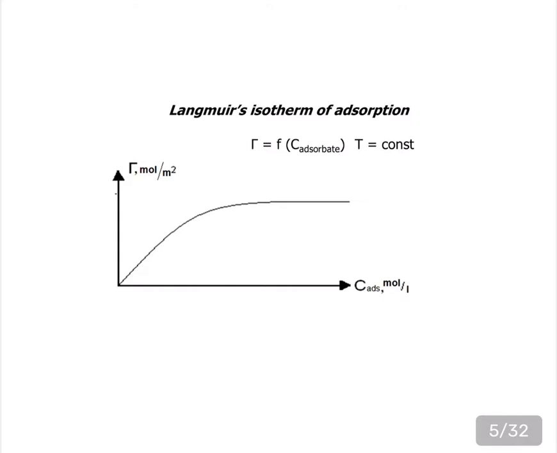The Langmuir isotherm is a graph that shows the dependence between adsorption value and adsorbate concentration.